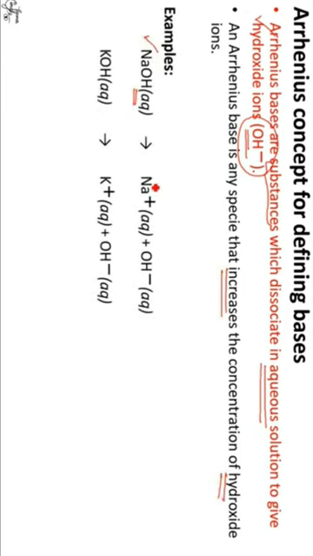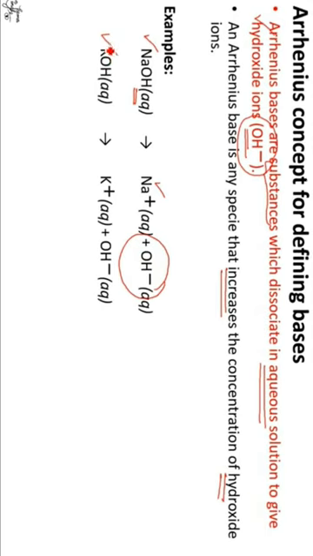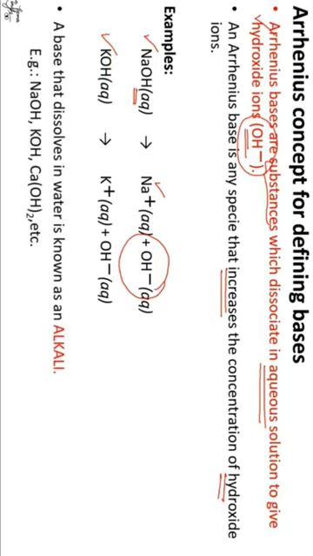See the example, NaOH. Aqueous means when it is dissolved in the water, what are you getting, students? Na plus and OH minus. Another example, KOH, same thing: when you put it in the water, K plus and OH minus.